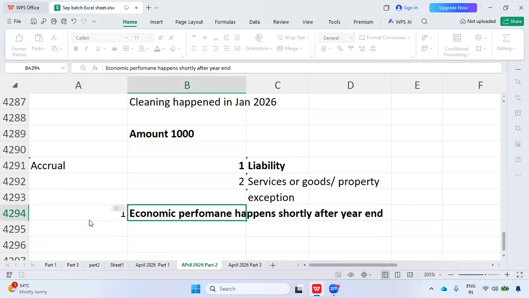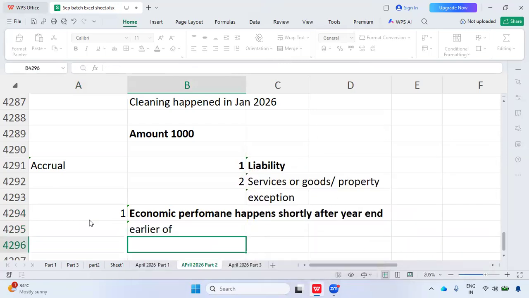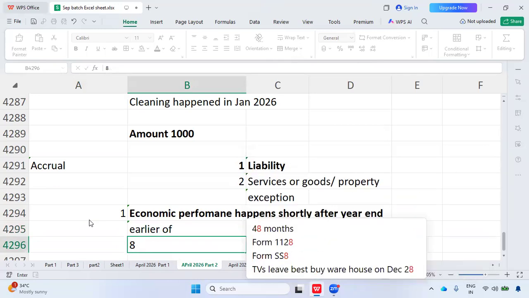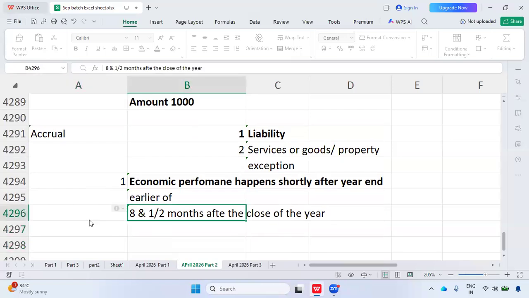Economic performance may occur within 8.5 months after the close of the year. So this is one rule.